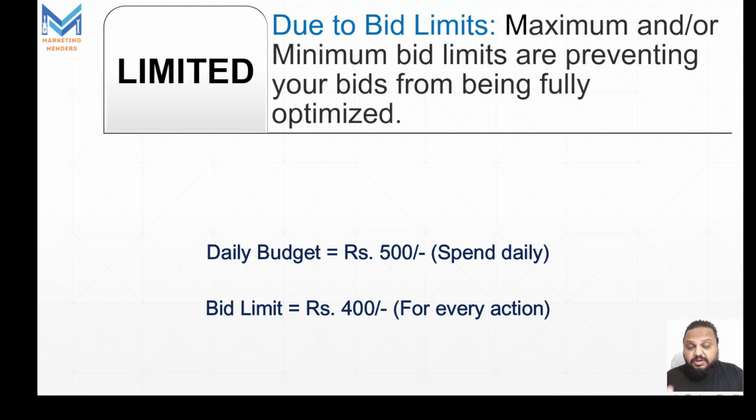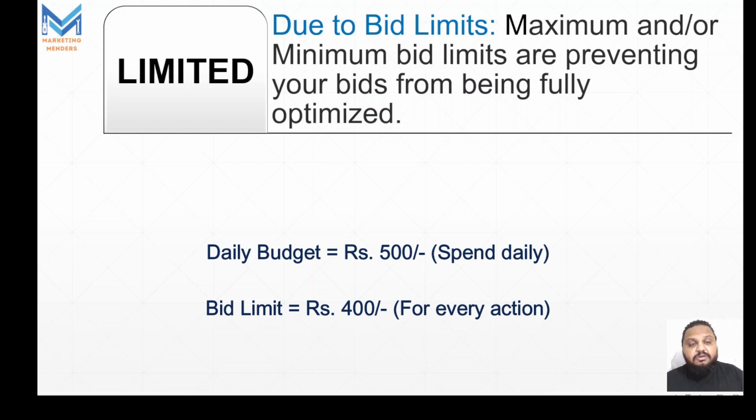Now just understand, you are saying that I am ready to pay 500 rupees on a daily basis. That is my maximum limit. And for every action, you are saying that I am ready to pay 400 rupees. How is that possible? That means for the entire day, you will be getting nearly one click in a day.